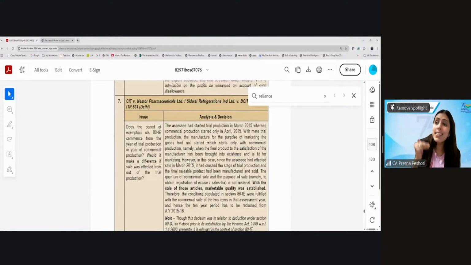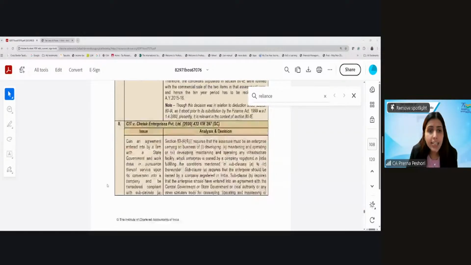If the sale has started from the trial production, they are saying the product is fit for consumption because the manufacturer thinks it is all right to be sold in the market. Therefore, it will start from the year of the trial production. If the sale is not made, it will start from the year of the actual production, which is fair, right?